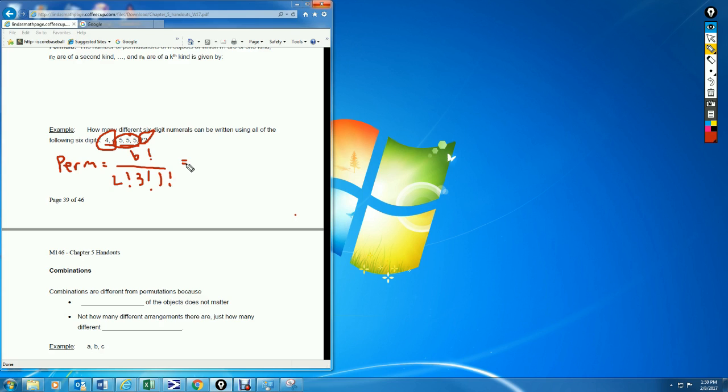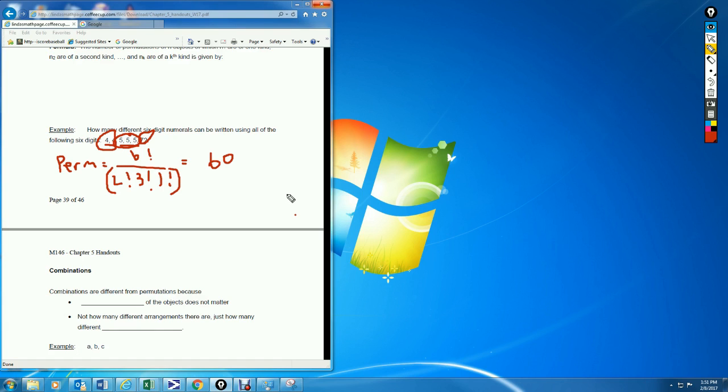All right? So this should equal 60. And again, if you are doing this on your calculator, when you do the 6 factorial divided by, then make sure you put parens around your denominator. And make sure you can do that and get the correct number. Okay.